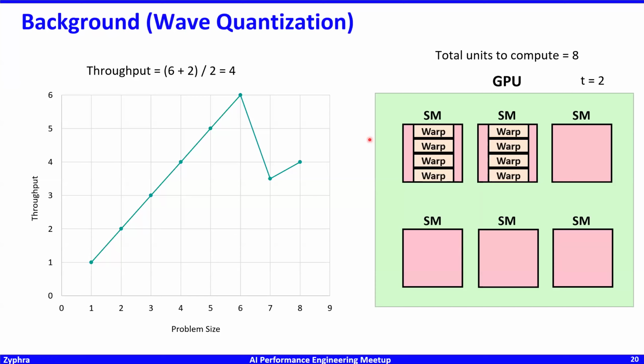For example, at Zyphra, we're rounding our sequence lengths during training and inference up to the nearest number of streaming multiprocessors on the specific GPU to lessen this effect of wave quantization. We're padding our units of work always to the nearest crest of the wave, and this gives us an edge over our competitors because we did the hard work and looked in depth at what the GPU is doing.